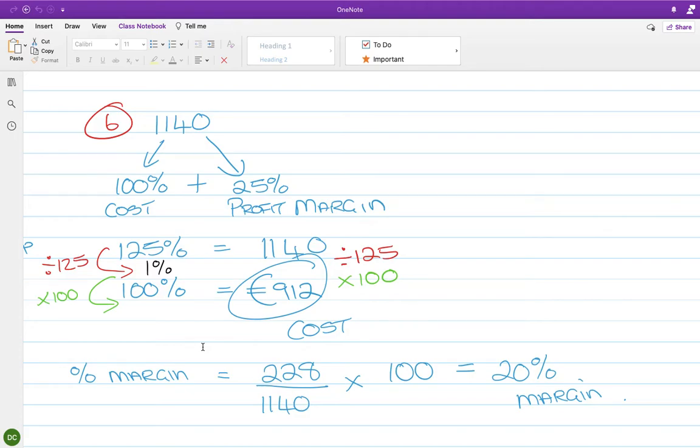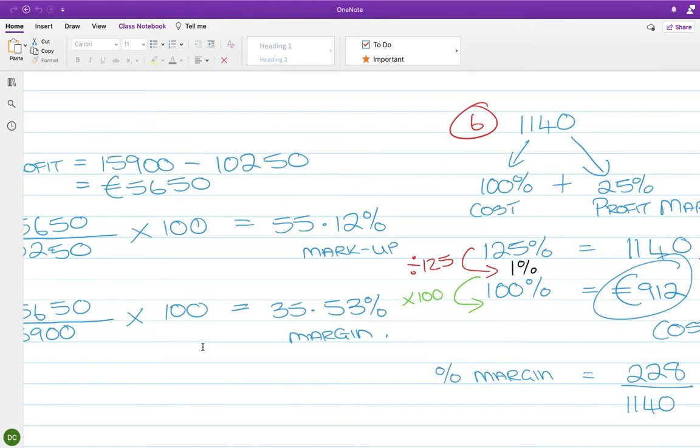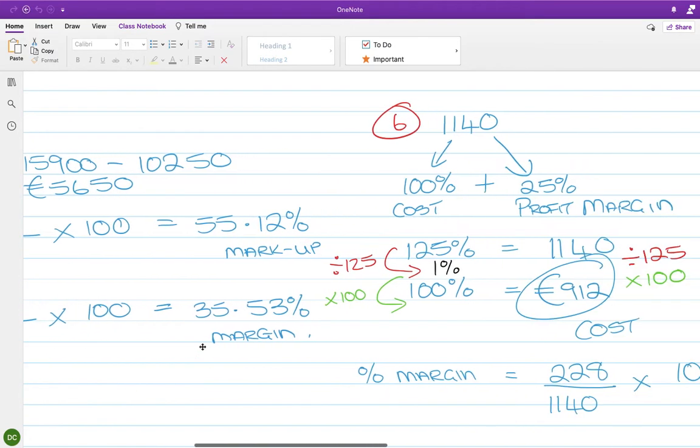It just doesn't feel right. Hang on. The 25% is on their selling price.